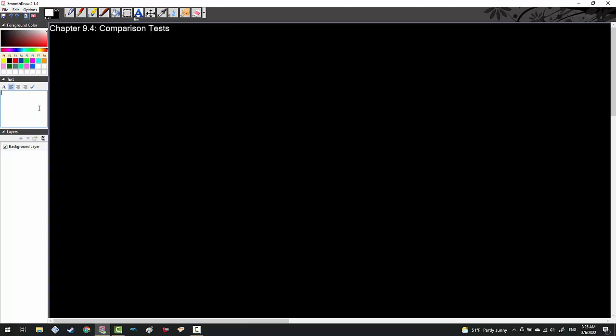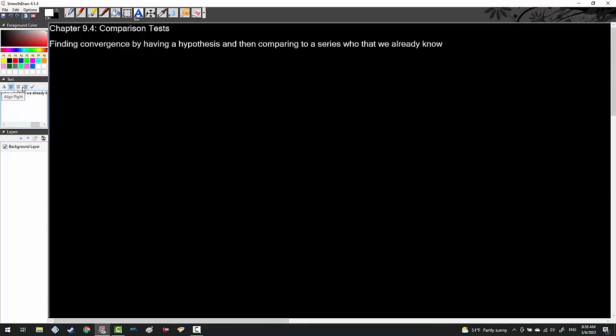The comparison test is basically finding convergence by having a hypothesis and then comparing to a series whose behavior we already know.